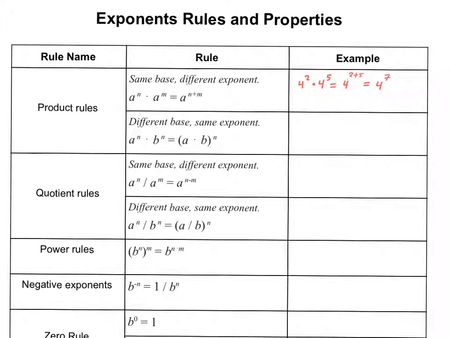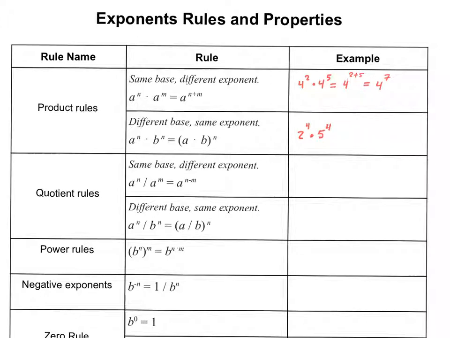So let's say you have a base 2 to the fourth power times a base of 5 to the fourth power. Now what you need to do is you're going to multiply the bases and keep the exponent.